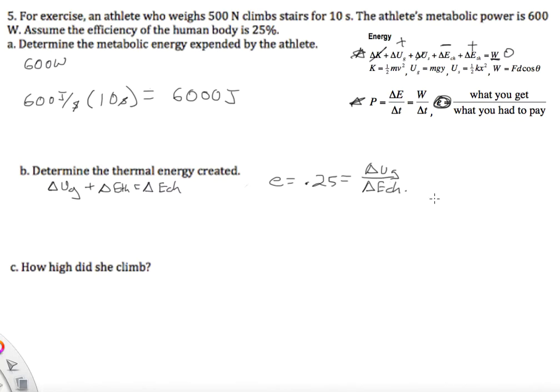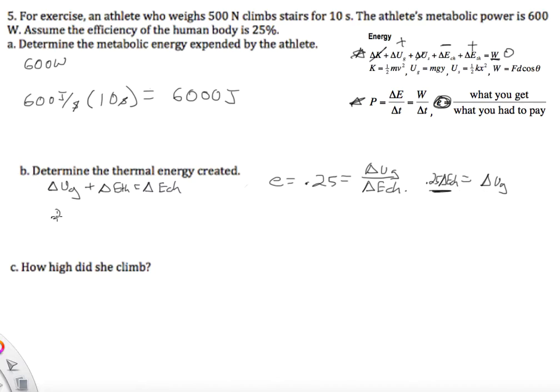So we can see that delta UG is going to equal 0.25 delta ECH. So we can just take this and plug it in for delta UG over here.